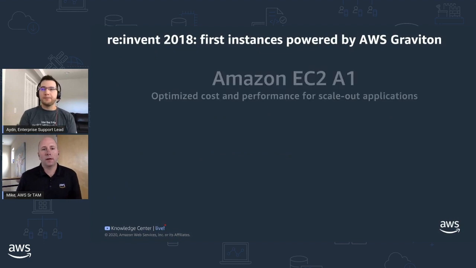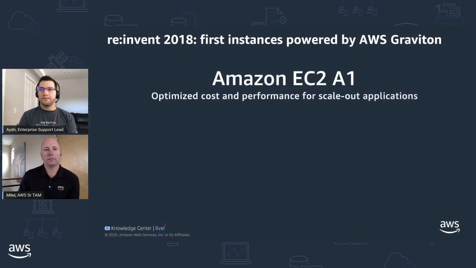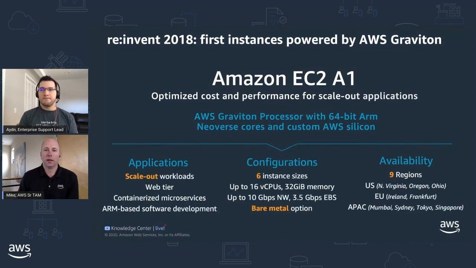Let's kick off here. So let's take a first look at the Graviton processor. At re:Invent 2018, we announced the first instances powered by AWS Graviton, the Amazon EC2 A1 family of instances. We were the first cloud to introduce an ARM processor as a cloud-based instance. These instances are optimized for cost and performance and are purpose-built for the scale-out workloads common in many modern cloud architectures. A1 instances are well suited for web serving, containerized microservices, ARM-based development and test workloads, especially CI/CD.